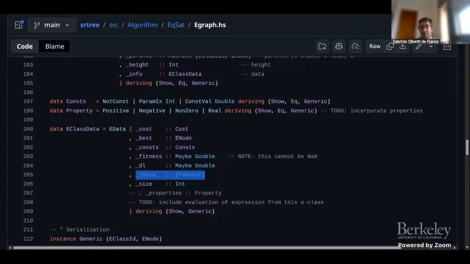So I keep the consistency that whenever I run equality saturation and merge things, I either keep the smallest parameter vectors because it's the smallest expression, or I refit to get the smallest one. Interesting. Okay, thank you.